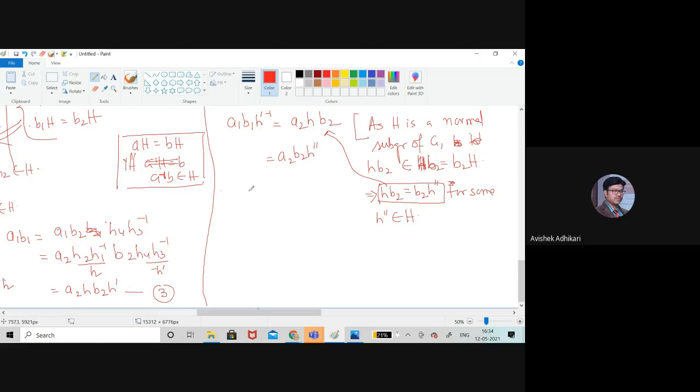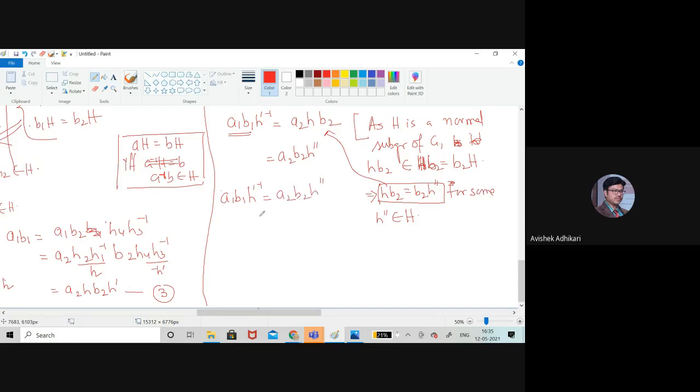Yes, it is proved. Just one more step. If I multiply both sides with this, what do I get? A1 B1 H dash inverse equal to A2 B2 H double dash.